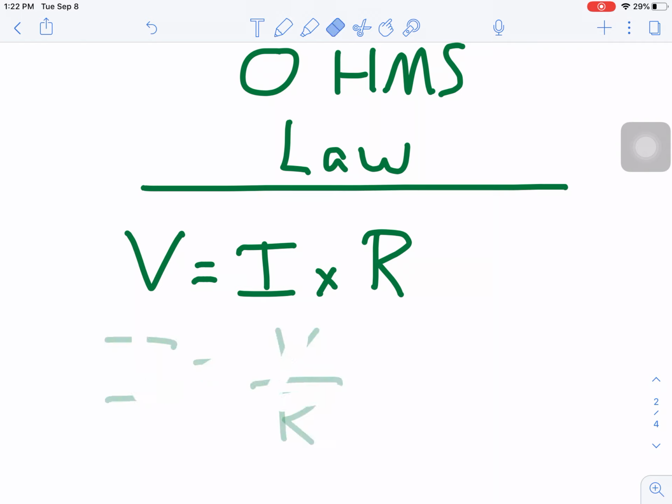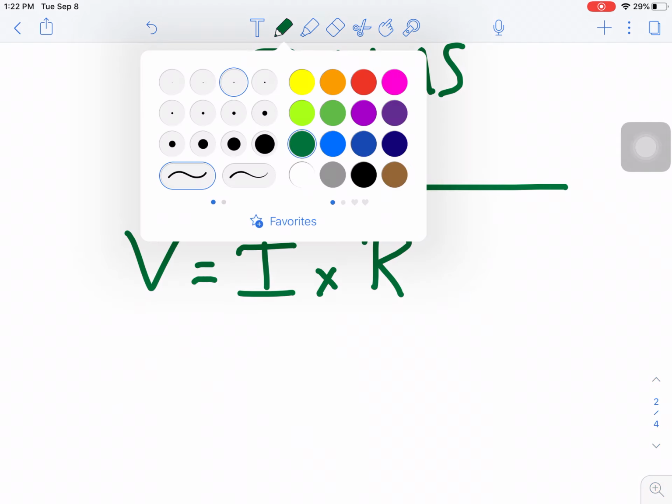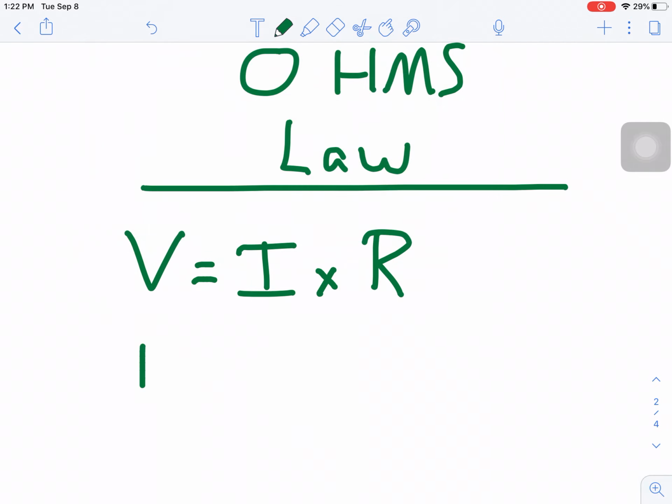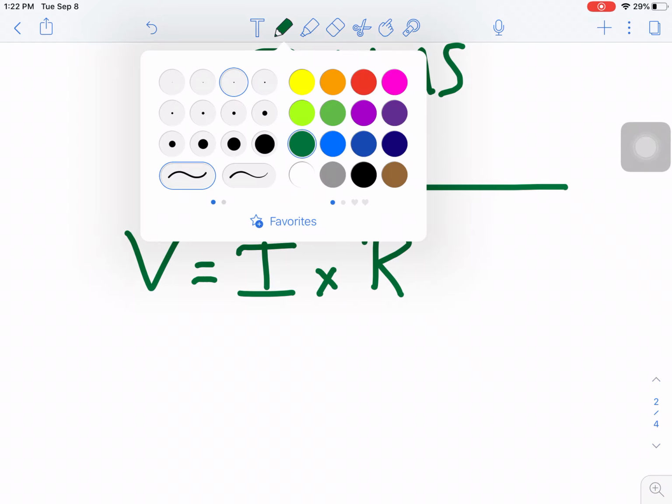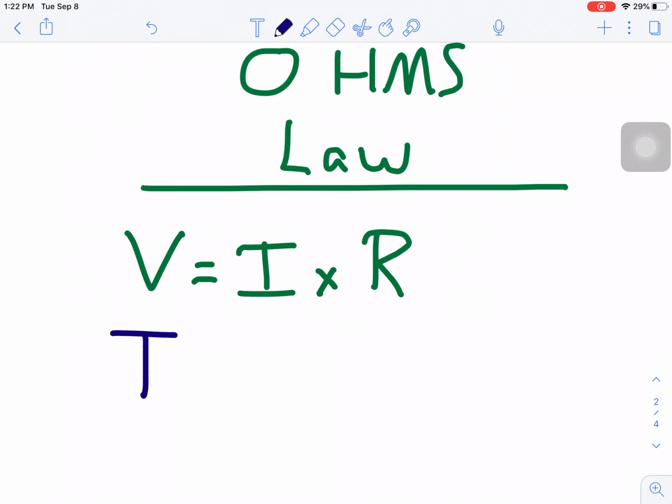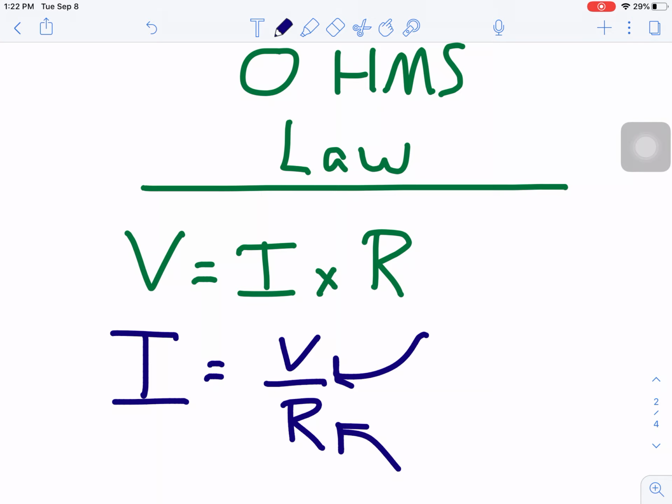And I'm going to write that in purple just so we have an easy way to differentiate here. So you can calculate how many electrons are flowing if you know the pressure and you know the amount of resistance in the circuit.